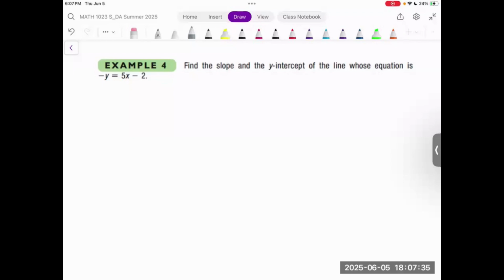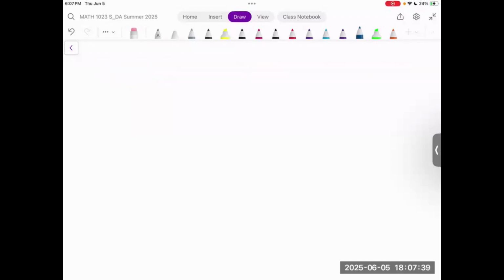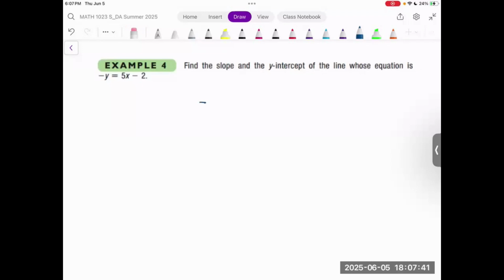All right. So for this question, as we mentioned earlier, you always want to solve for the y. If they tell you the y-intercept form, you always want to solve for the y variable.